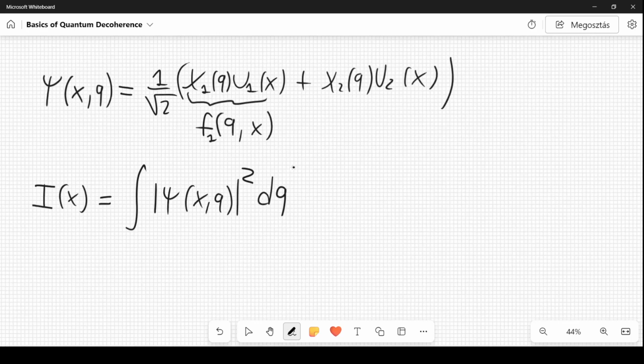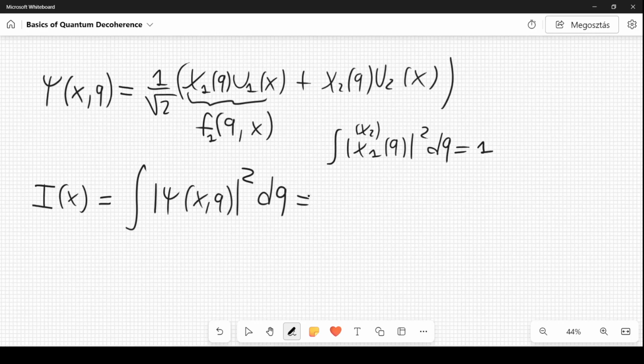But whatever. Another assumption is that the functions chi1 and chi2 are normalized with respect to the parameter q. So when we integrate over q, both chi1 and chi2, we get 1.